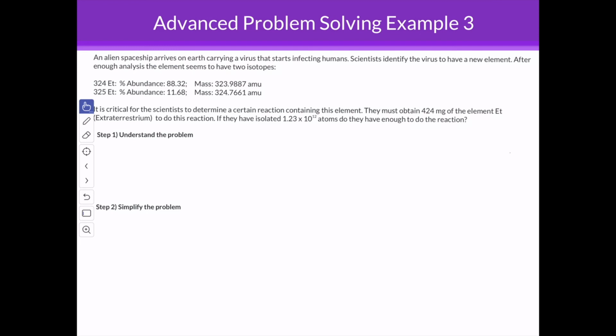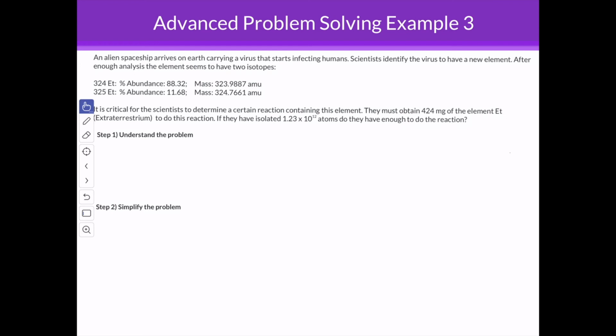Isotope ET325 has a percent abundance of 11.68% and a mass of 324.7661 AMUs. It's critical for the scientists to determine a certain reaction containing this element. They must obtain 424 milligrams of the element ET, aka extraterrestrium, to do this reaction. If they have isolated 1.23 times 10 to the 12 atoms, do they have enough to do the reaction?